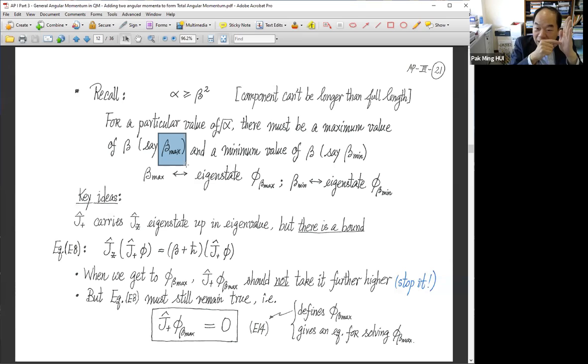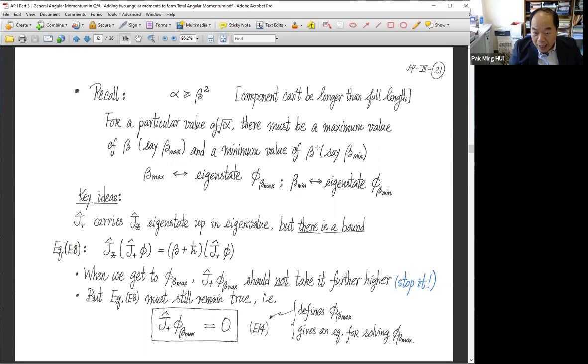When J plus takes the state up to there, it cannot go further up. All right, so that is the physical picture. It reaches beta maximum, but then cannot go up anymore. We have a cutoff, okay?